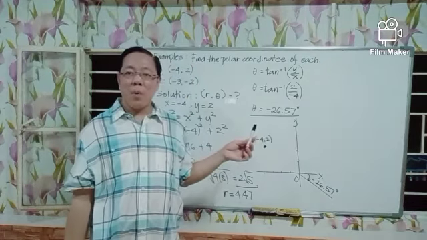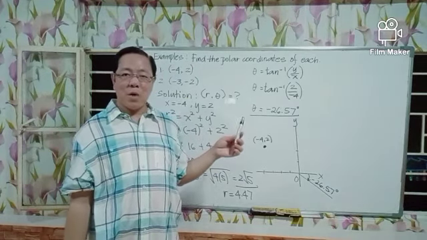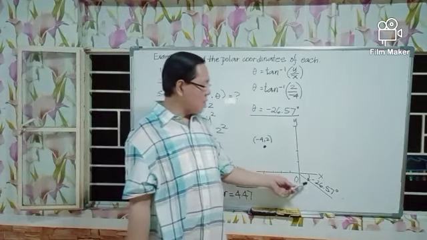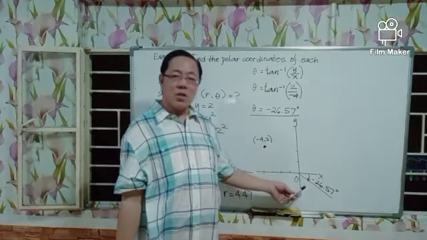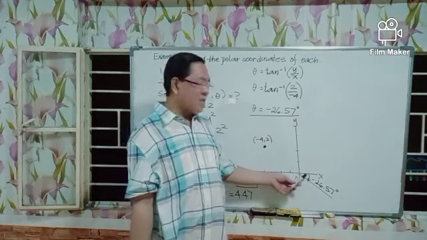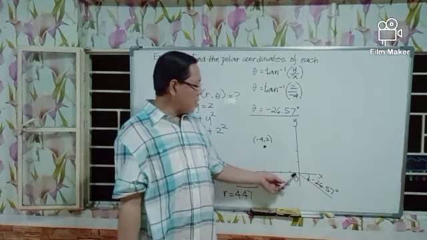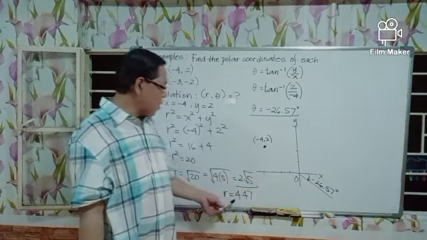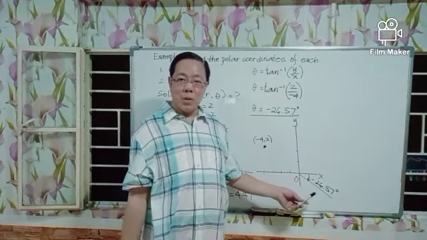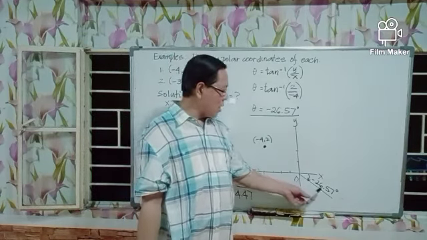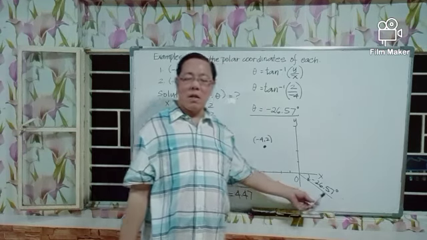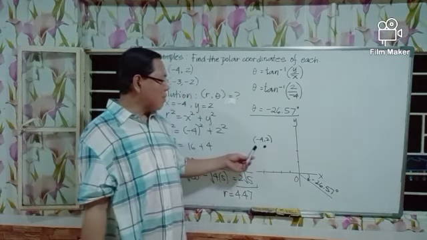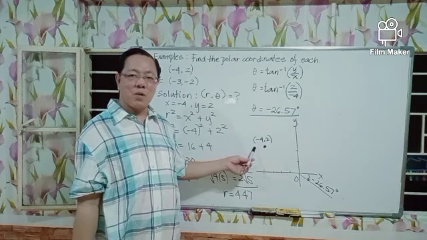In plotting the point with polar coordinates, we start with the angle and we get negative 26.57 degrees measured in a clockwise direction from the positive x-axis. And from the origin, we now count 4.47 units. But if we do that, you will see that you will get a point different from the given point, -4, 2.